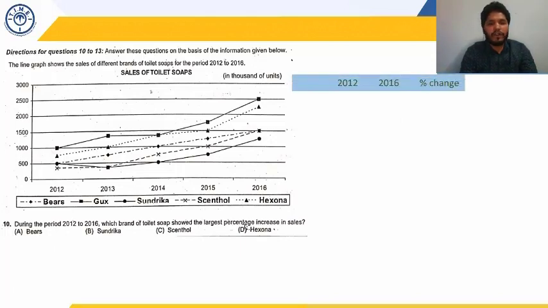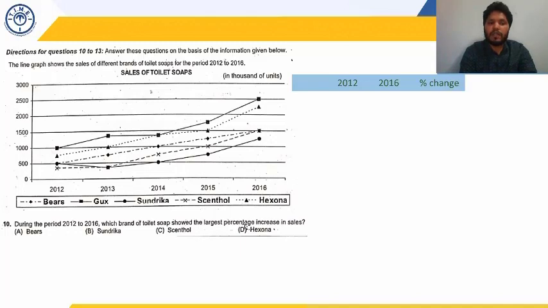So let's start solving it. What is percentage change? Percentage change is final minus initial, divided by initial, into 100%. Which is the final year here? 2016, and the initial year is 2012. So let's start with Beers. What was the sale of Beers in 2012? It is 500.